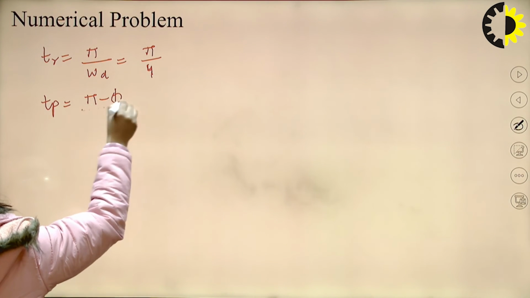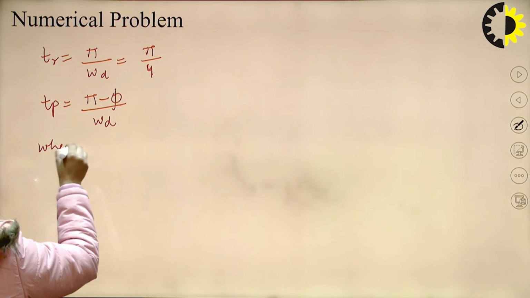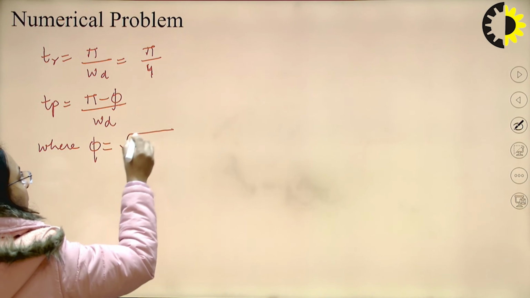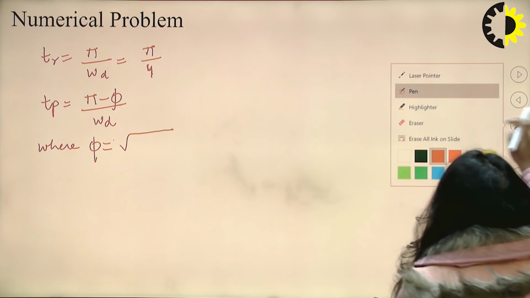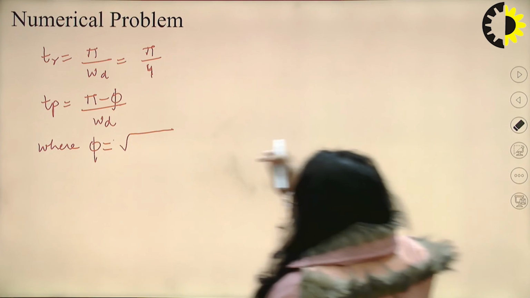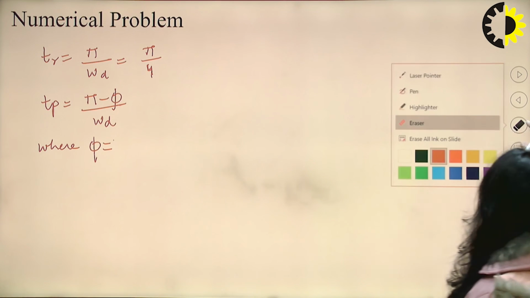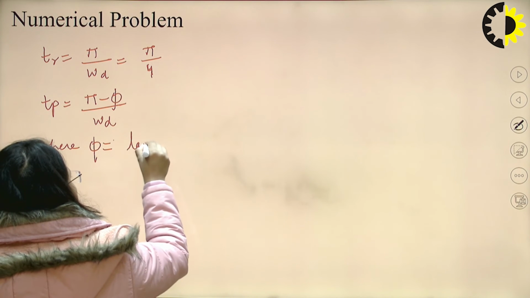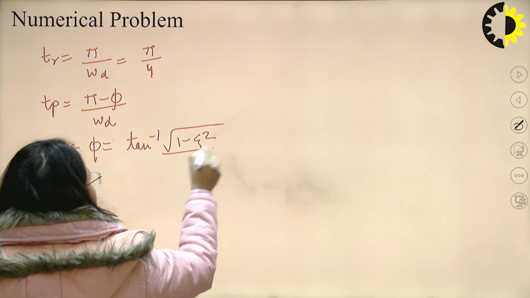Okay, so this is coming out to be, let me check, and for peak time this will be pi minus phi upon omega d. First we will calculate the value of phi, which will be tan inverse of under root 1 minus zeta square upon zeta.